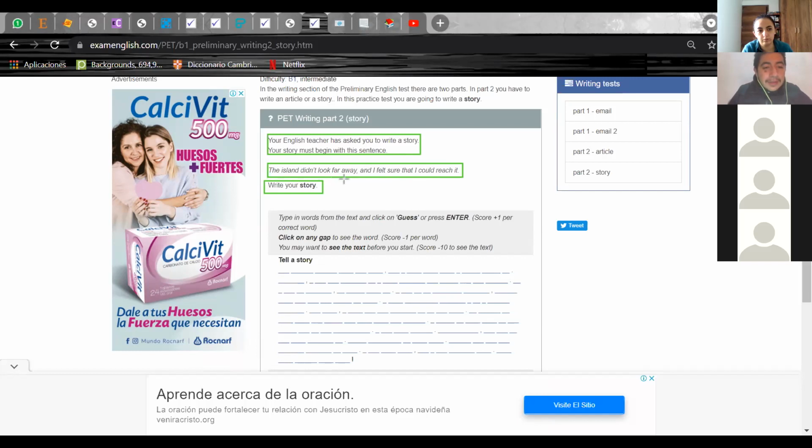So this sentence says, the island didn't look far away, and I felt sure that I could reach it. La isla no se miraba tan lejos, y yo me sentí seguro que podría alcanzarla. So now with this sentence, it's important for you to try to imagine a scenario maybe of this story in your mind, for you to find out some ideas that you can add to your story.